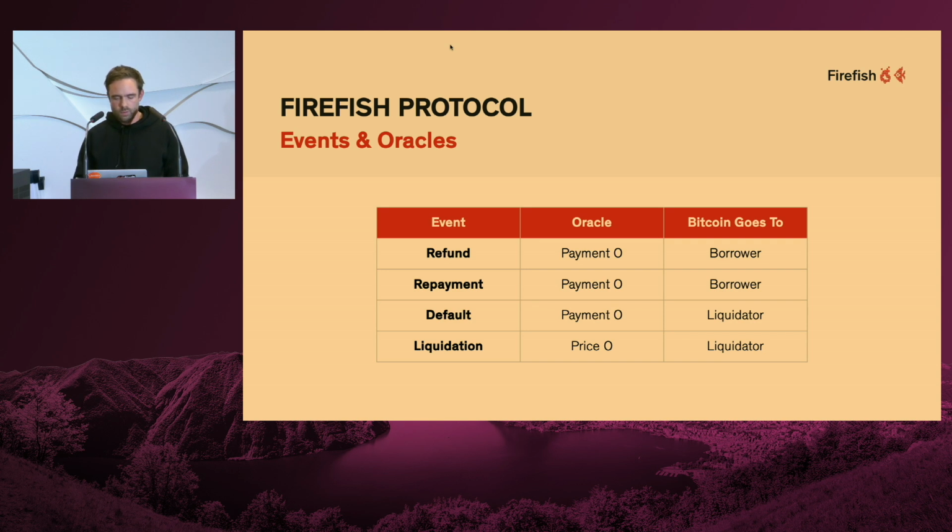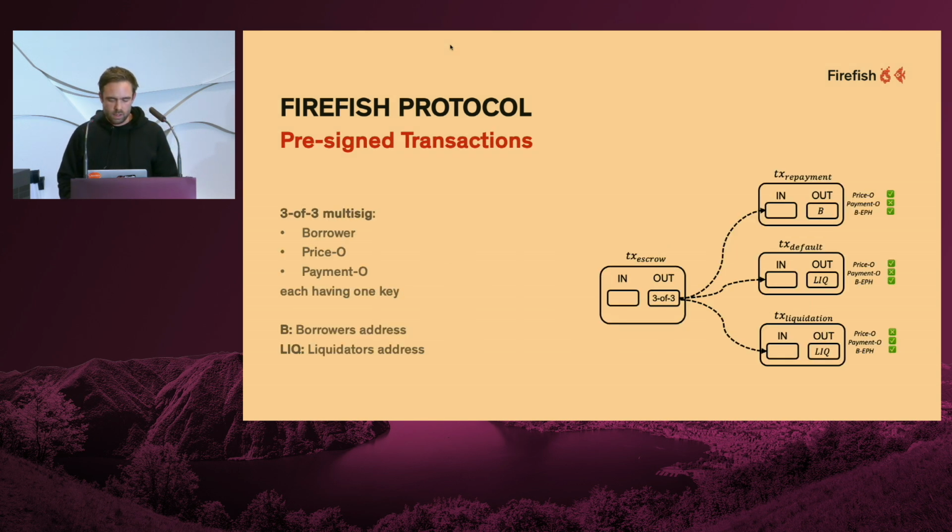What we do is lock the output, the collateral itself, in a 3-of-3 multisig, where one key is held by the borrower, and the second key is held by the price oracle. In the end, we use 2 oracles because we want to separate the price data and the payment data, and let all 3 of them have a key to the multisig.